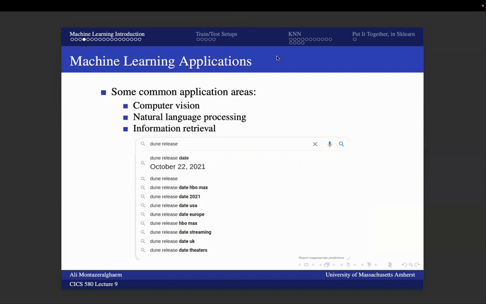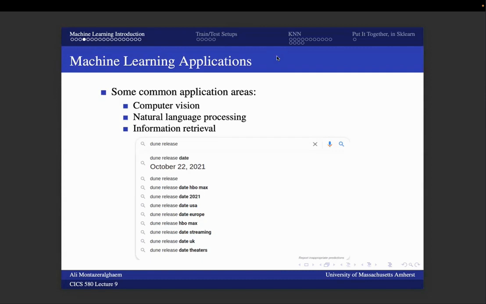A simple task that we can solve in information retrieval by machine learning is, for example, here we enter a query into the search engine, and the search engine recommends some terms to autocomplete your query based on some features that we feed to the machine in training.